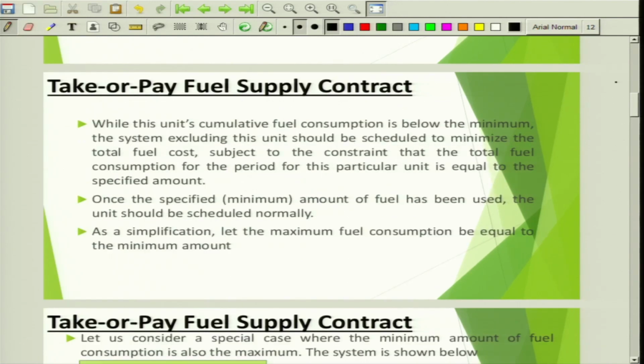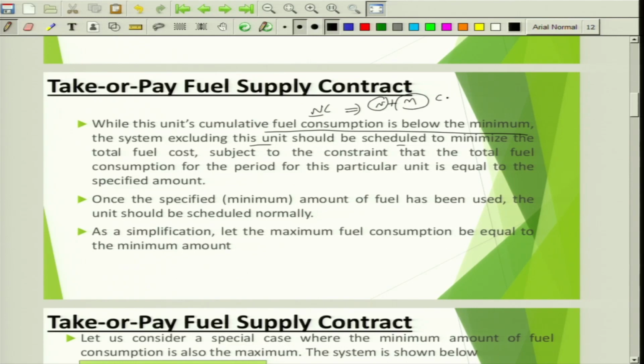Now while this unit's cumulative fuel consumption is below the minimum, the system excluding this unit should be scheduled to minimize the total fuel cost. Let us say there is a set of n plus m generators, where n number of generators have no constraints on the fuel intake, and m number of generators have a constraint with the fuel intake.